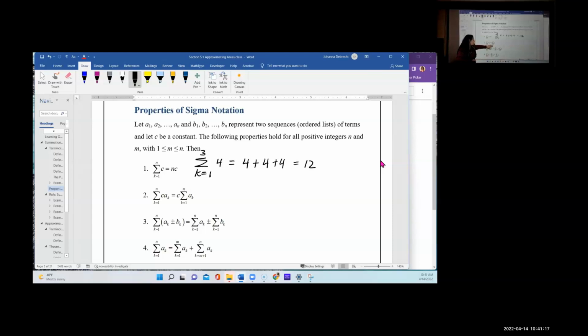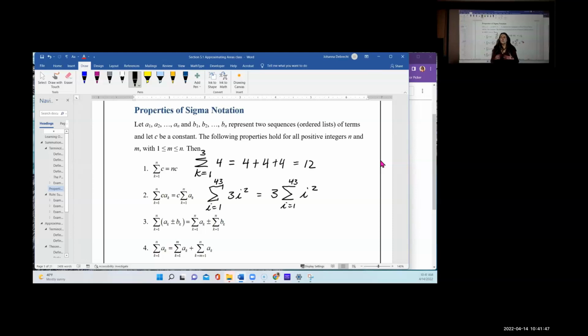The next property is that you can take a constant and pull it outside of the summand. So for example, if we had the sum from i equal 1 to 43 of 3i squared, then I could write this as 3 times the sum from i equal 1 to 43 of i squared.